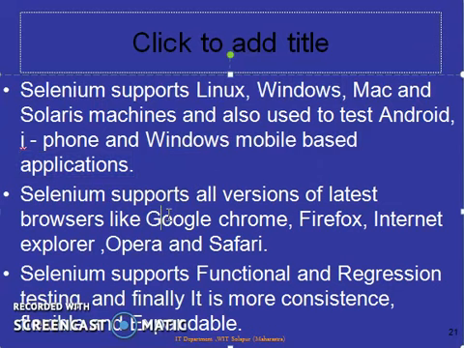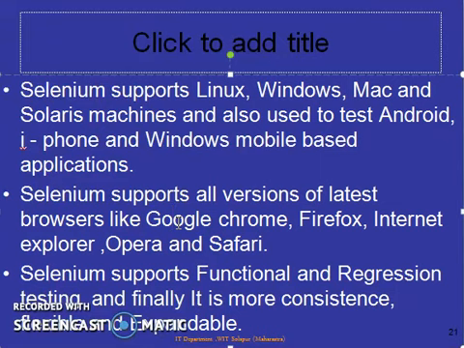Selenium supports all versions of the latest browsers like Google Chrome, Firefox, Internet Explorer, Opera, Safari. So it supports different browsers, which is also one of the advantages of using the Selenium tool.